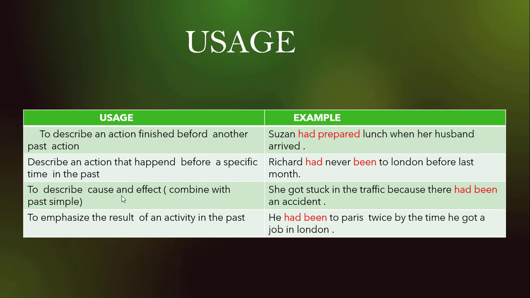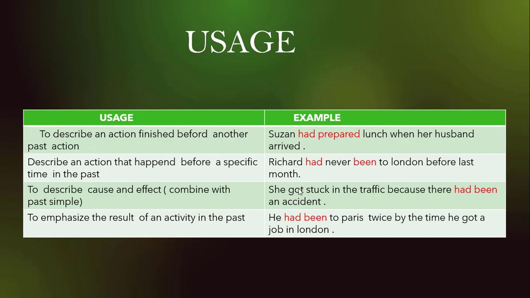Then we also use past perfect to describe cause and effect, combined with the past simple. Here we have: she got stuck in the traffic because there had been an accident.